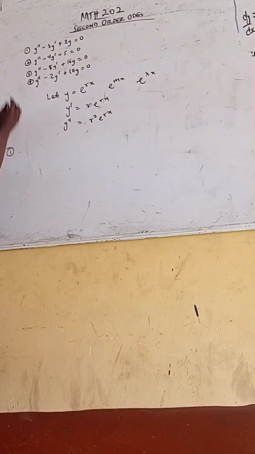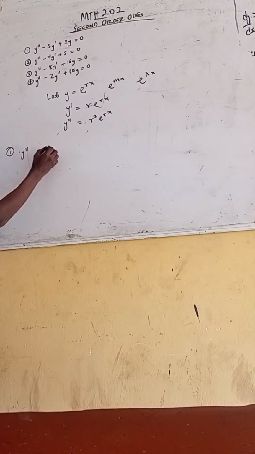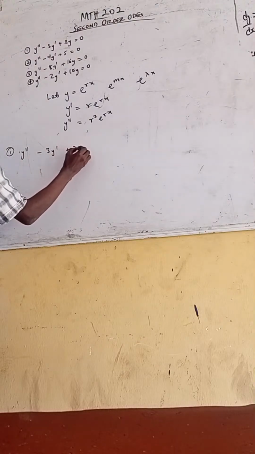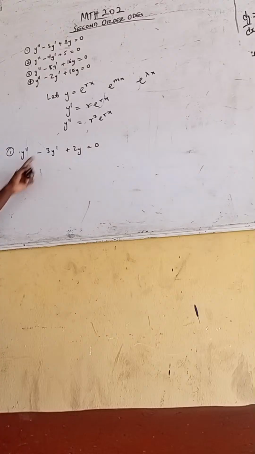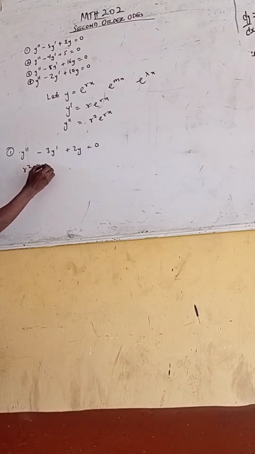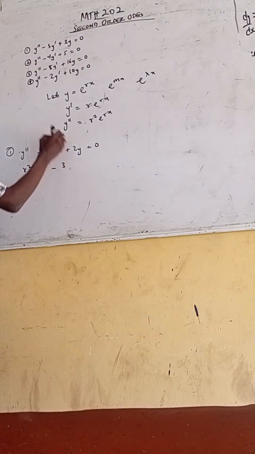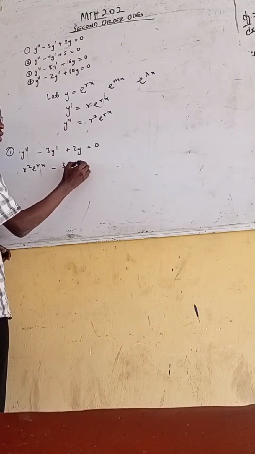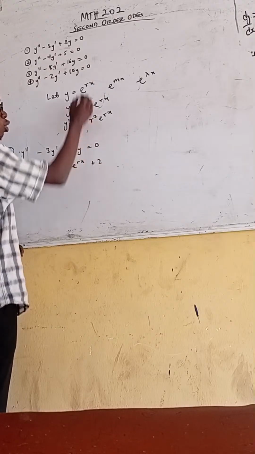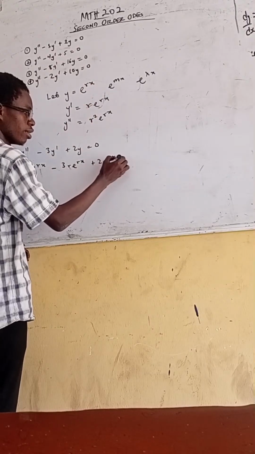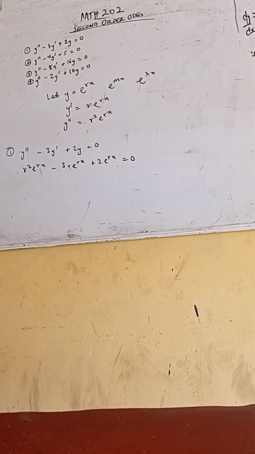Number 1, we have y double prime minus 3y prime plus 2y equals 0. Our y double prime is r squared e rx, minus 3 r e rx, plus 2 e rx equals 0.